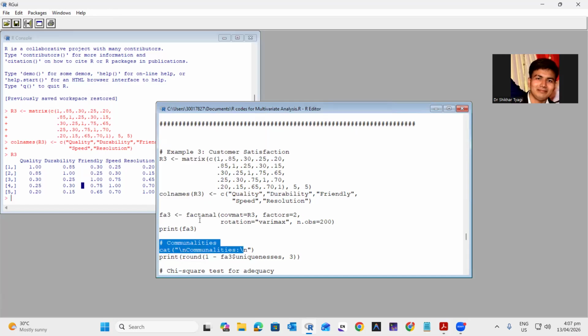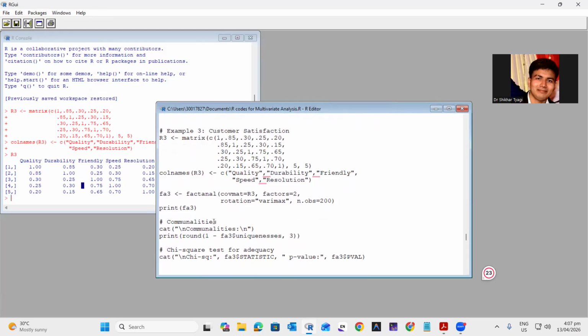Here in the column names R3, we assign the column names for each matrix so the output is easier to read. After that, in FA3, we apply the factanal function command. This runs the maximum likelihood factor analysis.